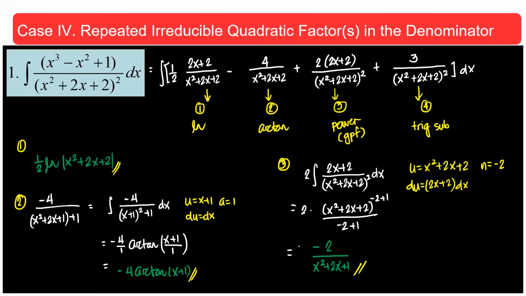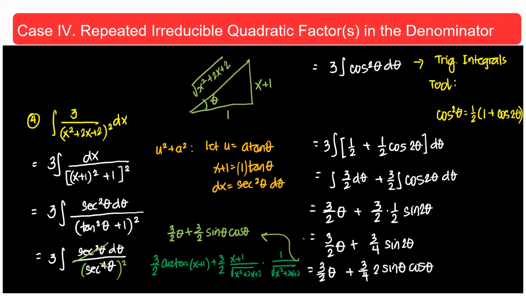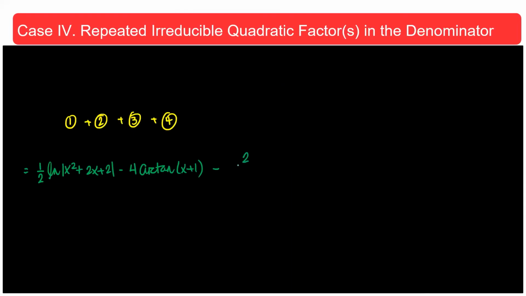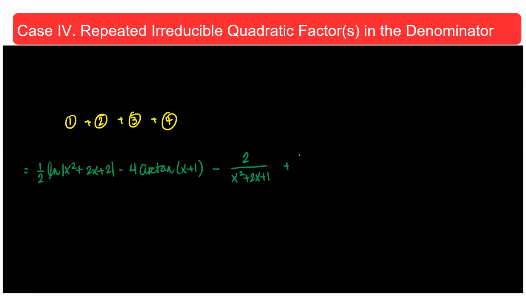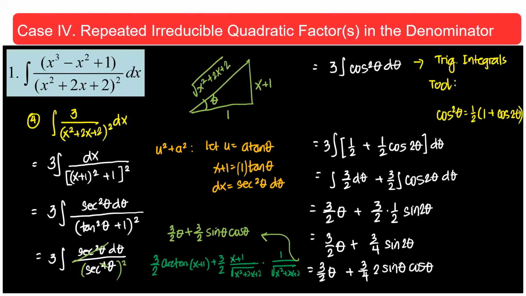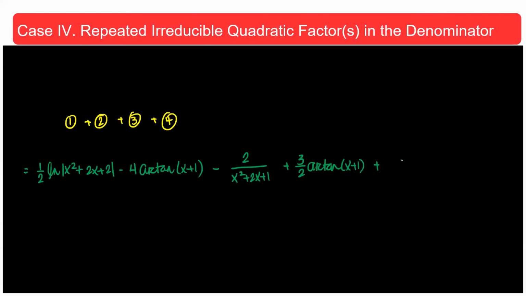And our number 3, minus 2 over x squared plus 2x plus 1. And lastly, plus 3 halves arctan x plus 1 and 3 halves, there's an x plus 1. And at the bottom, x squared plus 2x plus 2. So guys, plus c, of course.